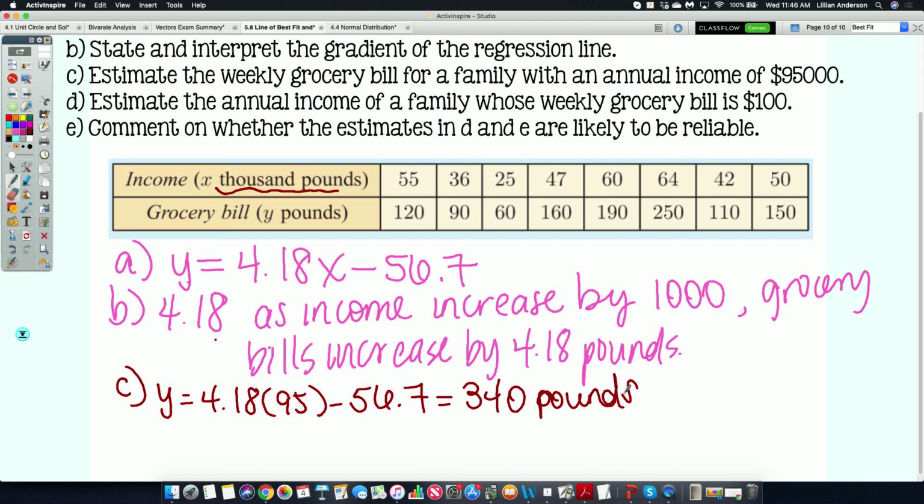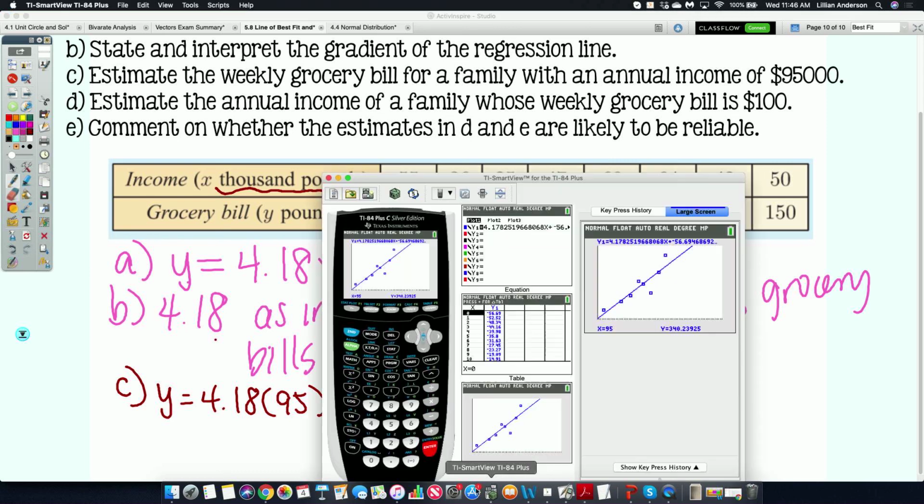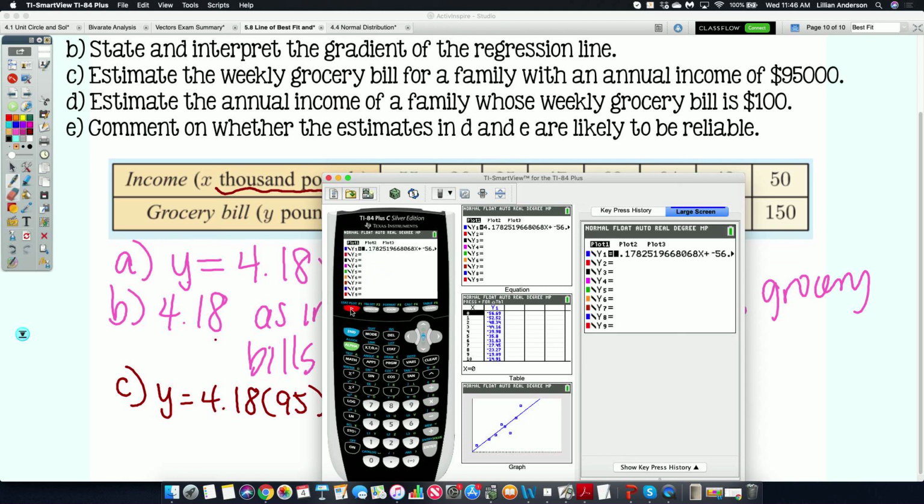rounded answer. You can also go to your calculator. If you go to y equals, you see there's the equation that we stored in there, the full equation. And if I go to Zoom 9, there's my data, and there's my regression line.